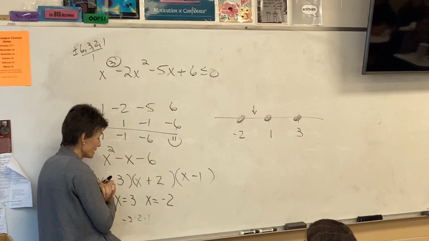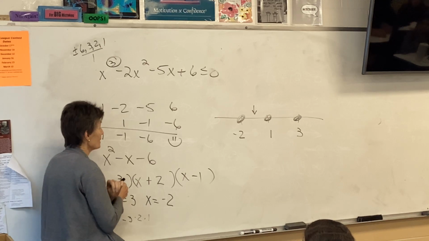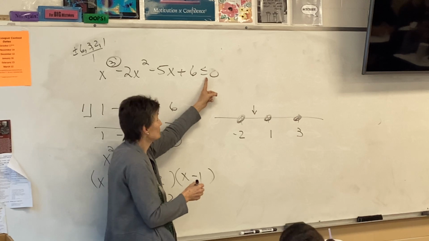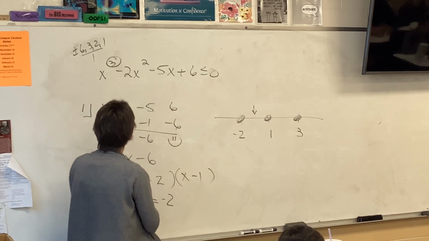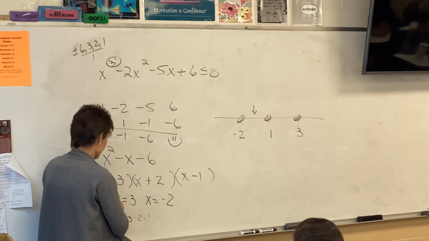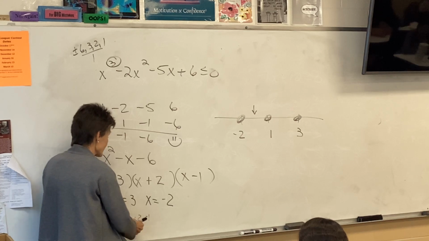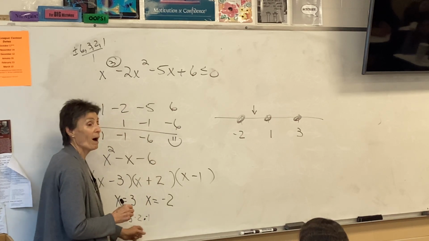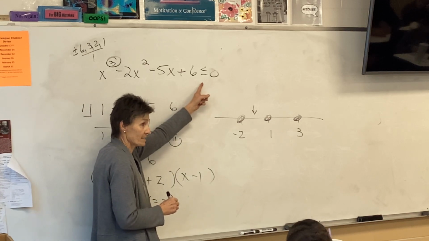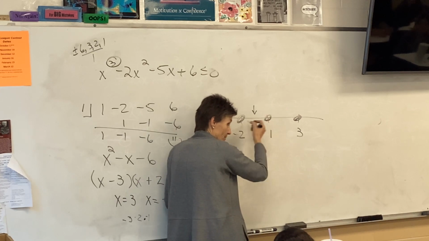What's -3 times 2 times 1? -6. Is -6 less than 0? Oh, it's -1, so it's +6. +6 is not less than 0, so this does not get shaded.